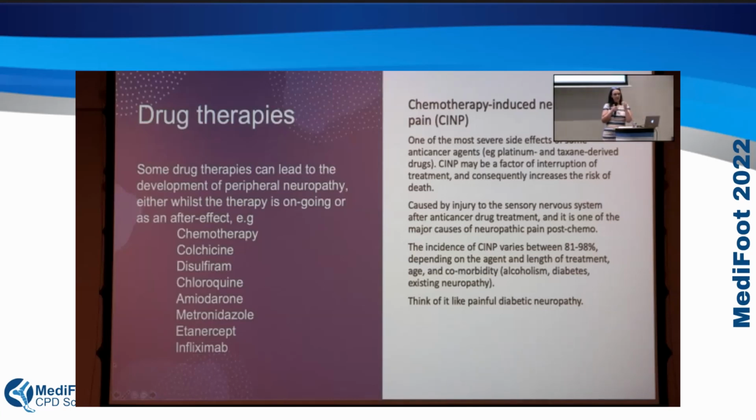So it's that pain, tingling, electric sensations. Sometimes there's loss of motor function, but it's mainly sensory for these individuals. So just bear in mind that if your patient's had chemo, you're going to need to think of them as a bit of a high risk continuously, even if the chemo is finished, simply because of the neuropathy that goes with it. Some of you may have come across that in patients already.